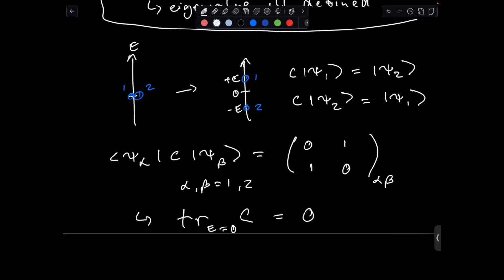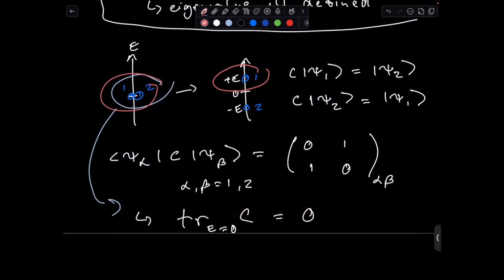So the trace of this operator in the basis of states 1 and 2 here would have to be 0 in order for me to be able to move them away from zero energy. Because I know that as soon as I've moved them away to any infinitesimal E, like this E up here could be infinitesimally small, C acts as the swap transformation, which has trace 0. But we know that trace is a basis invariant quantity that can't just change. It can't jump discontinuously as we vary parameters. So it already would have had to be 0 over here.